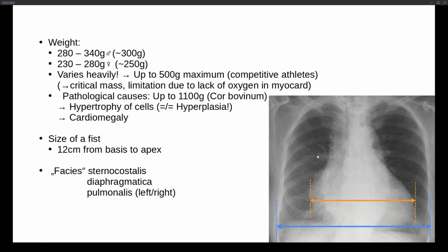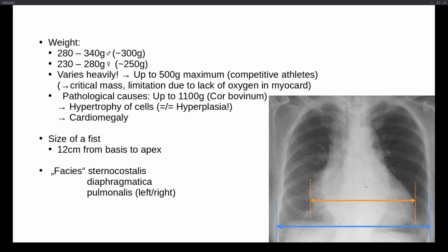This is also called cardiomegaly, which is just another name for it. Normally, it has the size of a fist and should be 12 centimeters from basis to apex. The apex would be over here, and the basis over here. Though this is of course much larger than 12 centimeters. This is the clinically ill version.